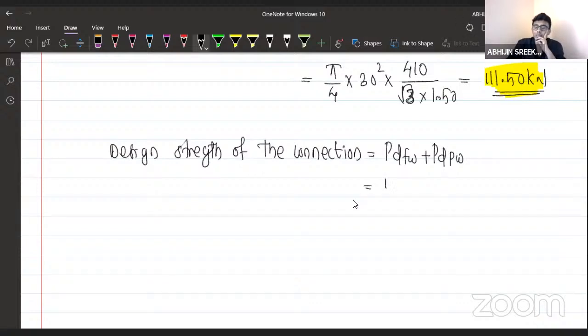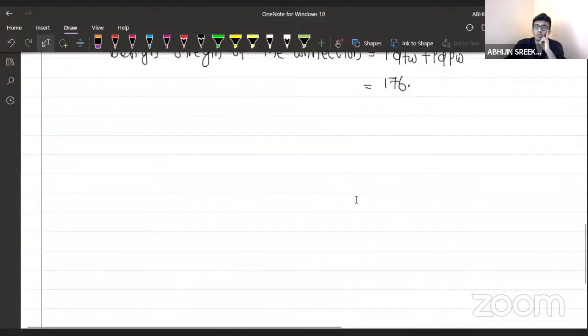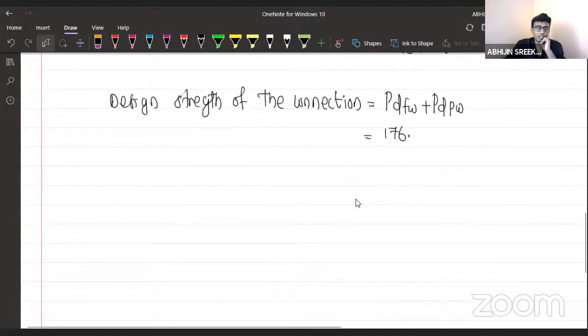Let us take the summation of those. 176.74 kilonewton, plus plug weld was 111.54 kilonewton. If you take the summation of these two, what's the answer you are getting?